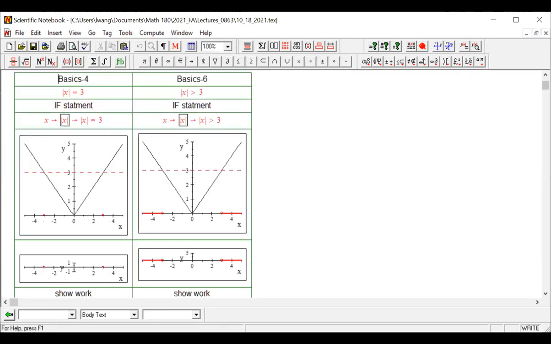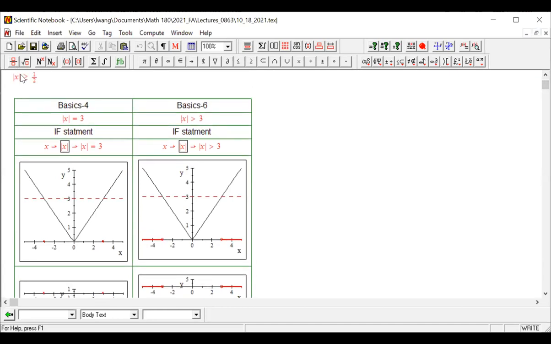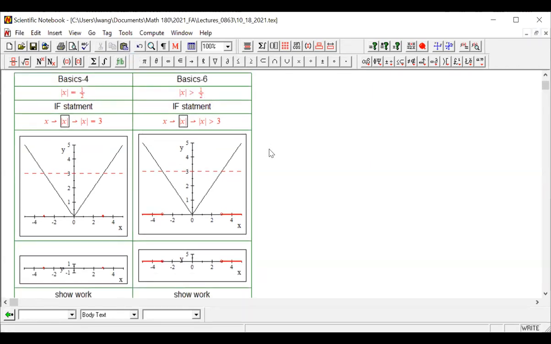All right, so the question we have here is larger than or equal to half. So it's equal to half or larger than half, right? Equal to half or larger than half.